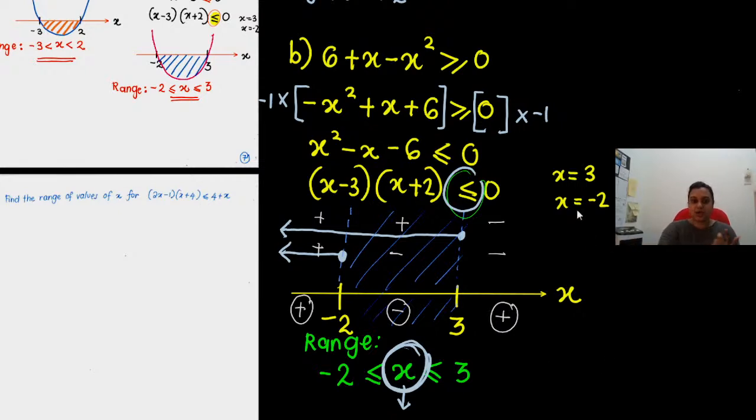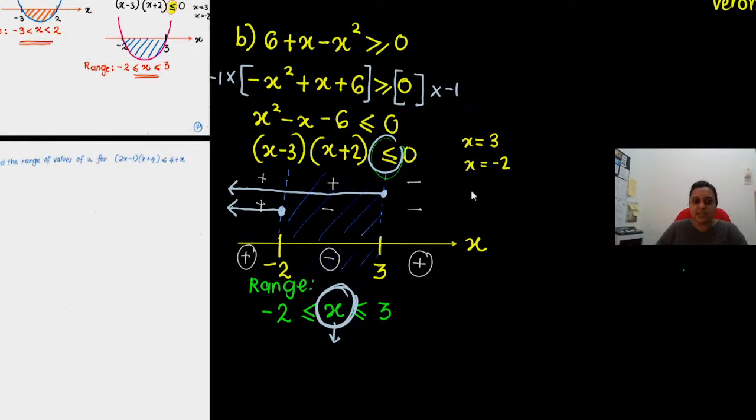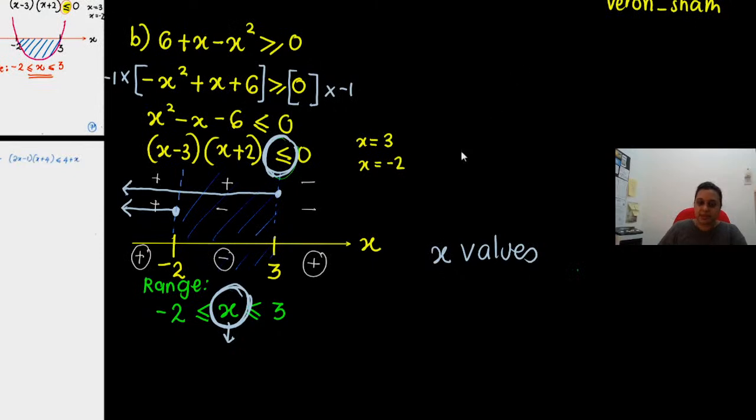Okay, I repeat one more time. Sometimes this can be confusing. The smaller than or equal to 0 means that your X values, the values of X here with K, see, the range that we got is -2 all the way until 3, right?